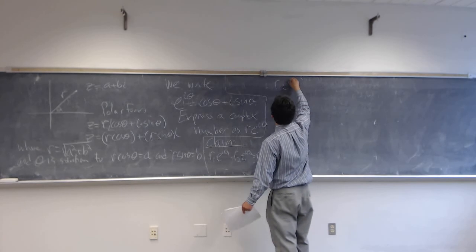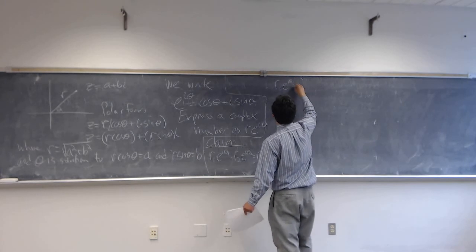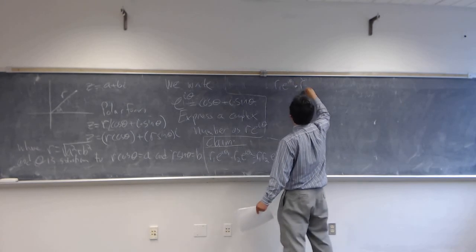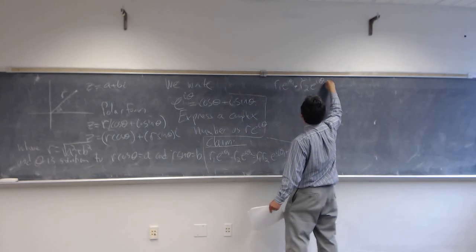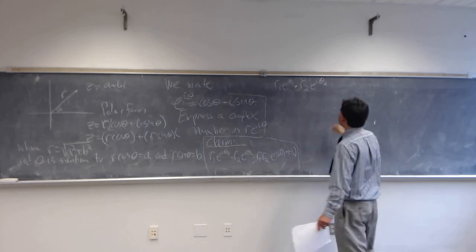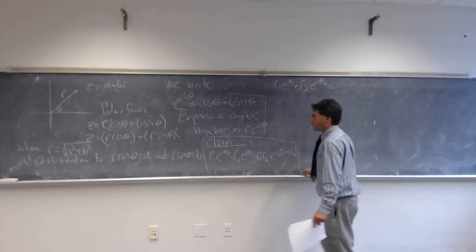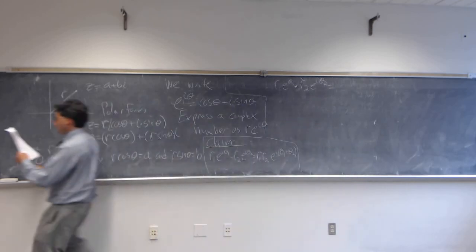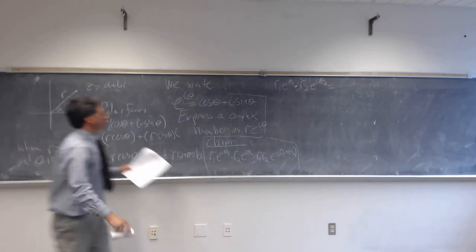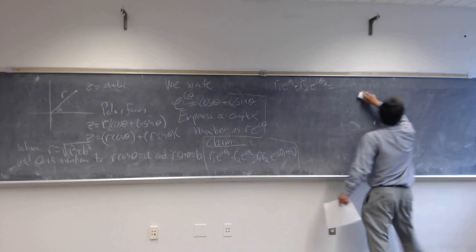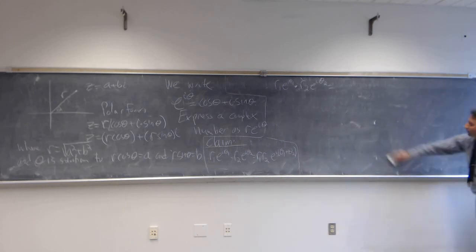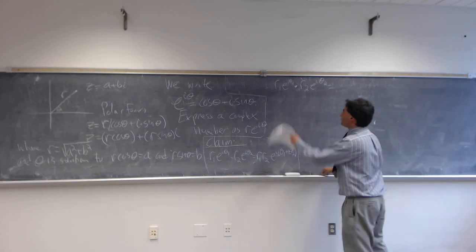So R1 e to the I theta 1 times R2 e to the I theta 2. And so we've just defined what this is.